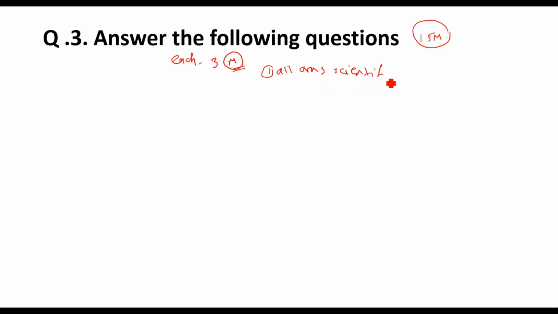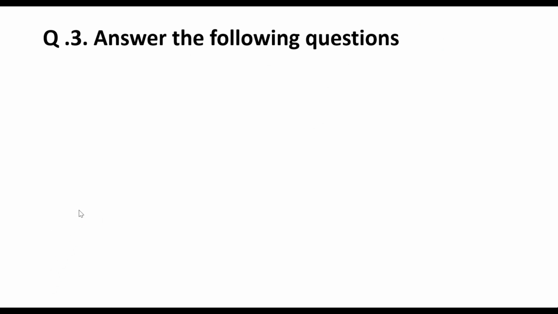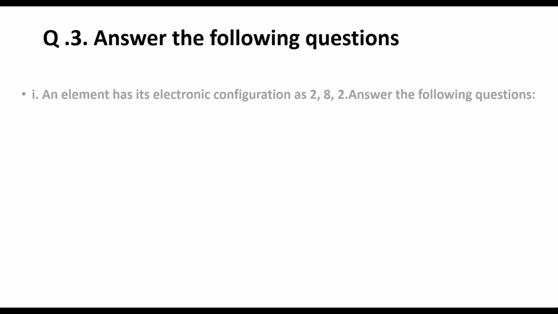What is that word? All answers should be scientific, and the terminology, that means the words you are using, should all be science words. You require some formulas and units, and you have to keep all these things in mind while writing the answer of this question. So let us see how to write the answer of this question in question number 3 to get full marks.